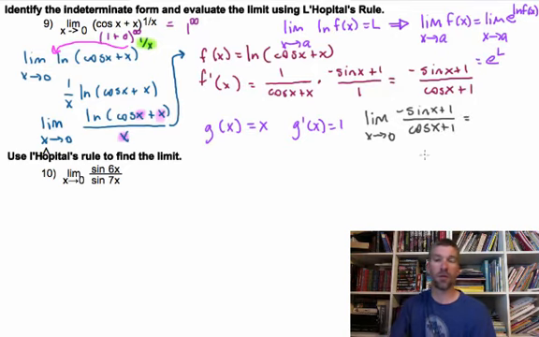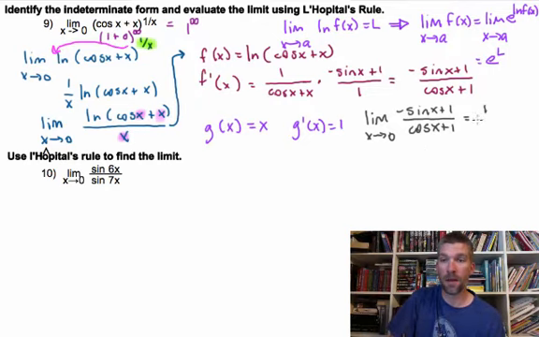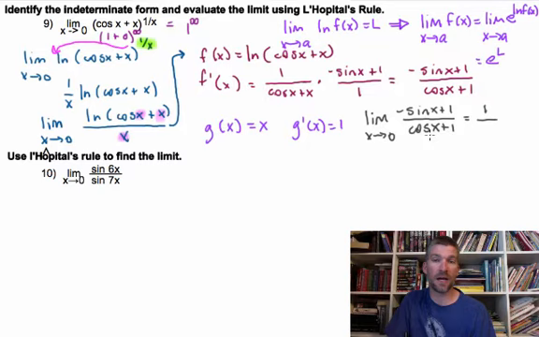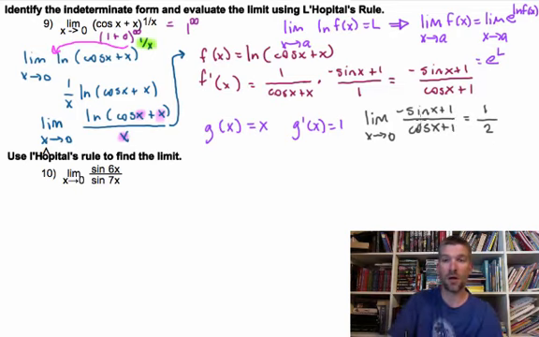Now we can put 0 in everywhere because the sine of 0 is 0. 0 plus 1 is 1. On the bottom, the cosine of 0 is 1, plus 1 is 2. All right? What this tells us then, since we used the natural log, is that we've got a limit, but now we're going to put that in the exponent of the e.